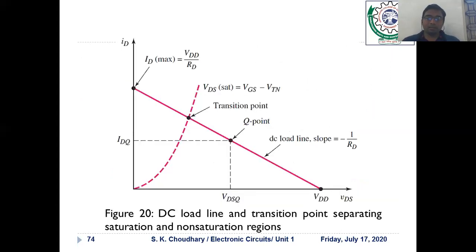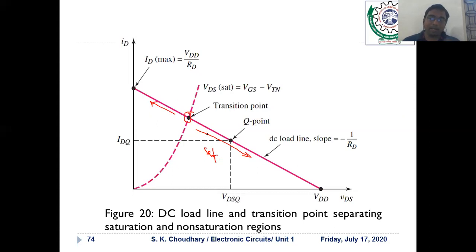This is now the DC load line and transition point, indicating the separation of the saturation region and the non-saturation region. Here you can see in the diagram, this is the transition point. Below this is the saturation region and this is the non-saturation region. In the saturation region, your transistor acts as an amplifier.